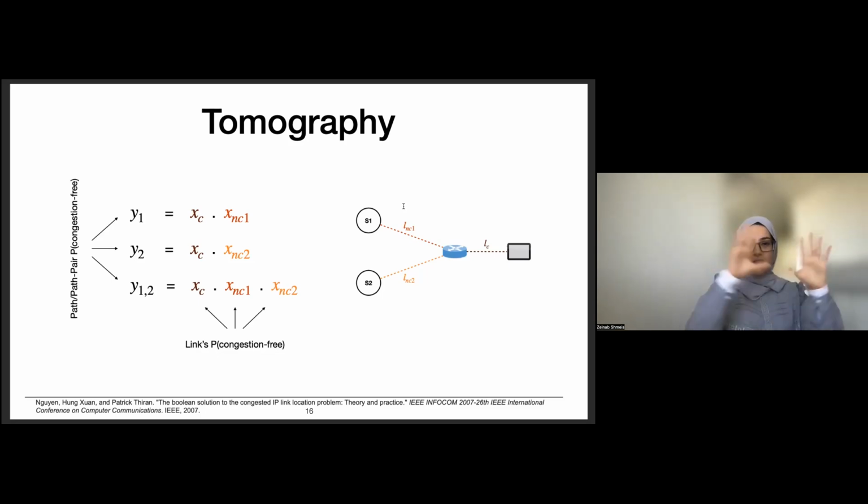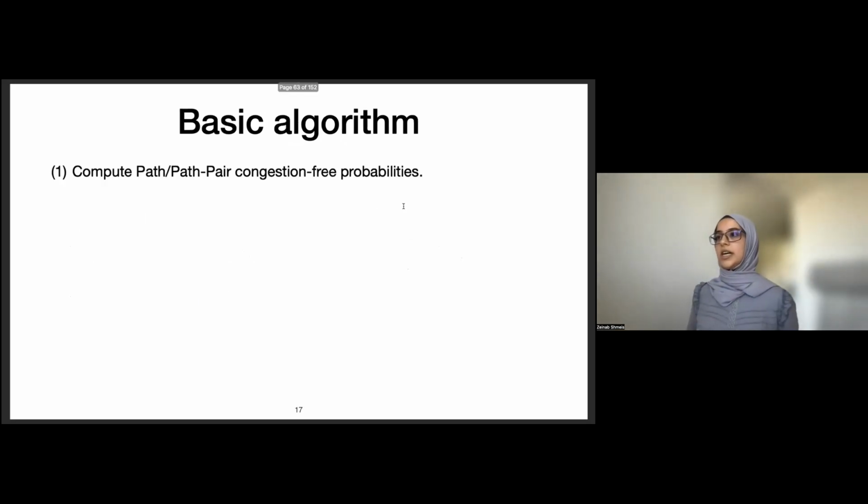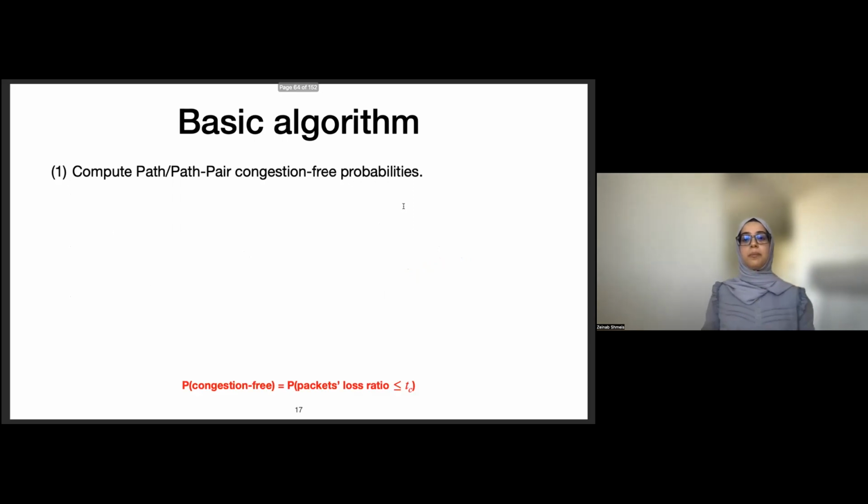So if we group everything we've said so far, we come up with this basic algorithm. The first step is, given the loss measurements, we compute the probabilities that the path and the path pair are congestion free. Now, what does probability congestion free mean in practical terms? It's nothing but saying that the paths experience packet loss that is below a certain threshold.